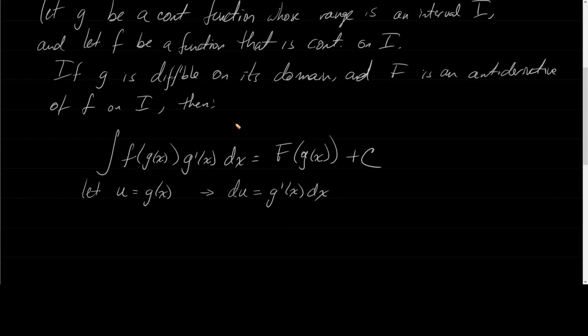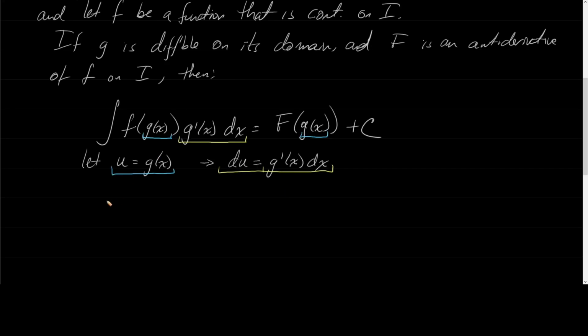Notice here that g prime of x dx is our du, and that g of x here is our u. So we can rewrite this integral as the integral of f of u du is equal to capital F of u plus c.